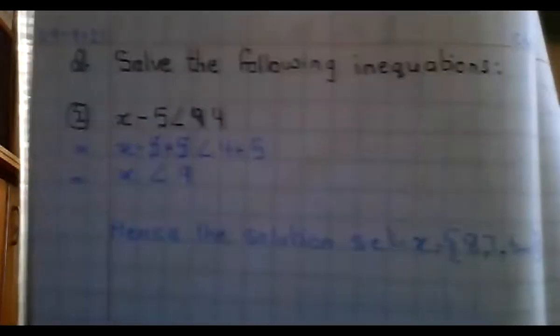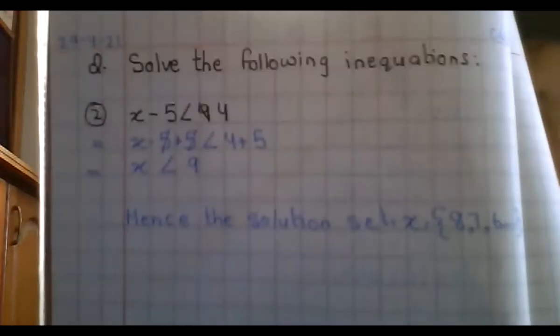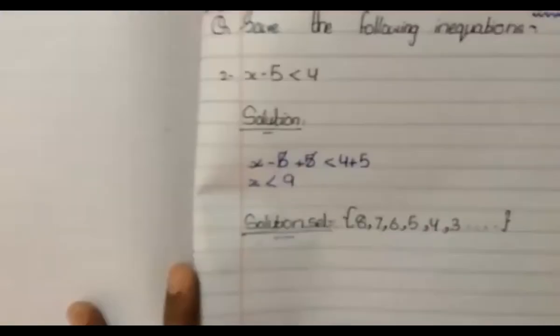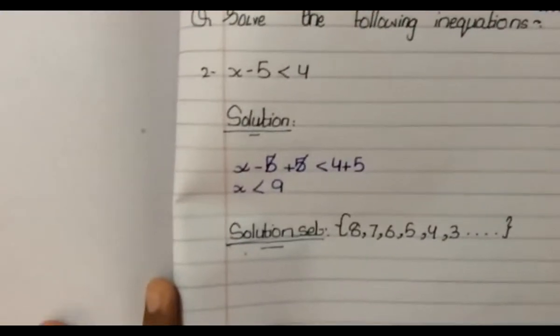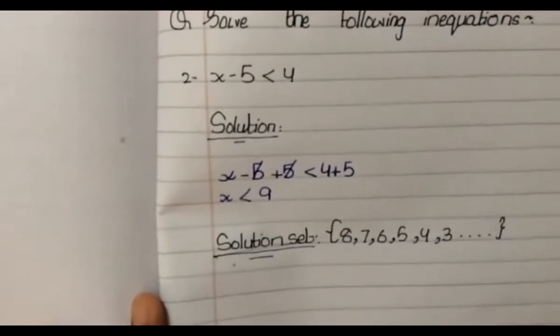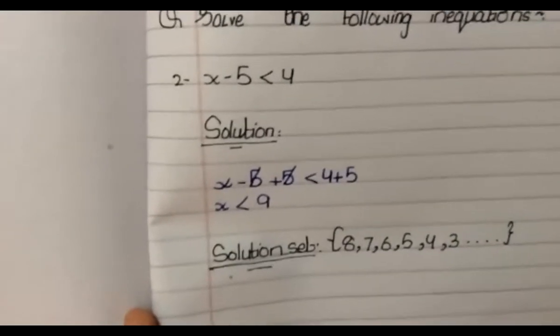Okay, now next is Naima. Naima, do not put here sign of equality. Okay, do not put sign of equality here. Okay, next is Hadika. Just a minute. Very good, Hadika. Hadika, write here x is equal to, then curly brackets. In the solution set, write x is equal to.